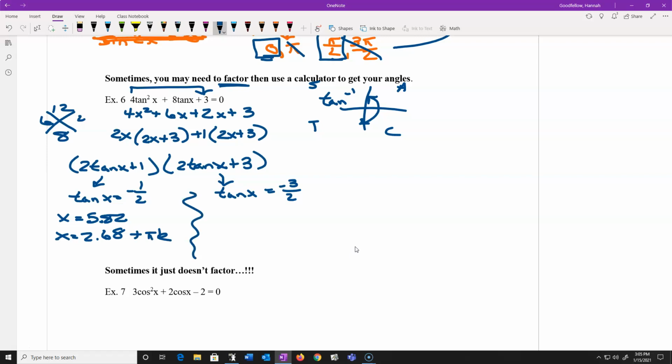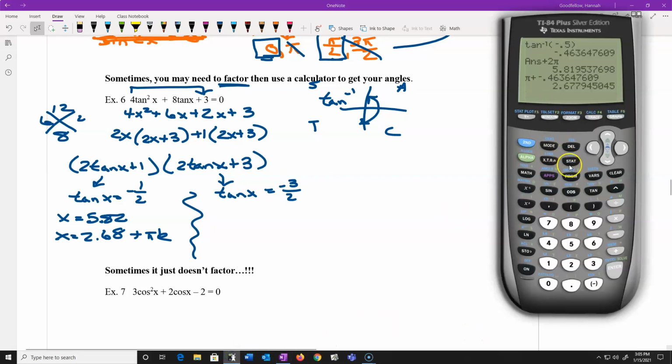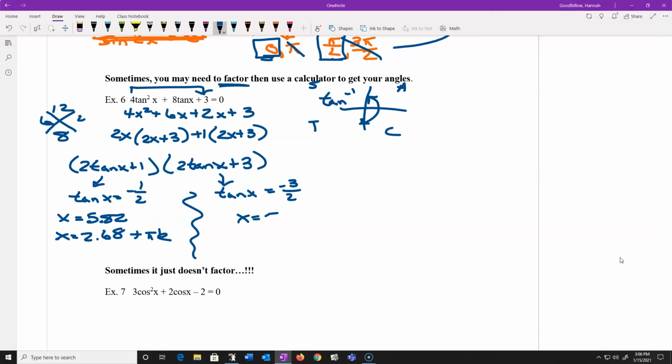Now that's only half the problem. The other half would be taking a look at the inverse tangent of the other side, which is the inverse tan of negative 1.5. And again, this is going to give me an answer that's in the fourth quadrant. Let's find out what its positive partner would be, plus 2 pi added on to that so that we can get it in the right spot. 5.3 sounds like a decent answer.